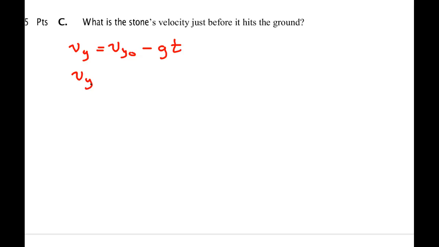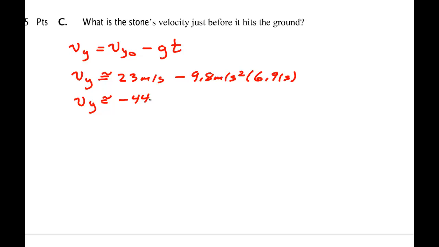So Vy is approximately 23 meters per second minus 9.8 meters per second squared times 6.91 seconds. So Vy is approximately minus 44.7 meters per second.